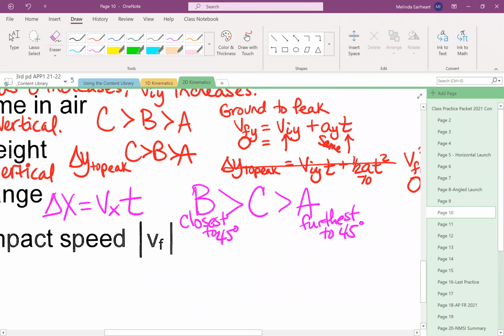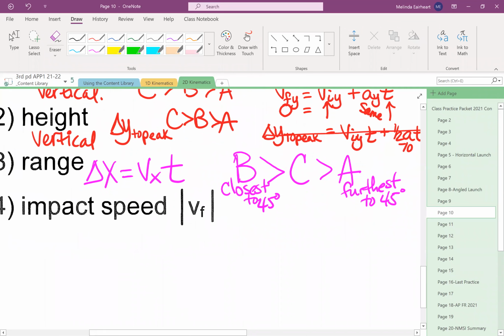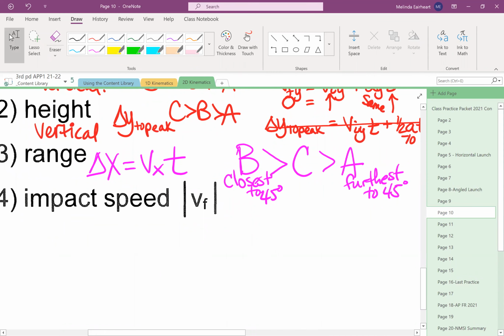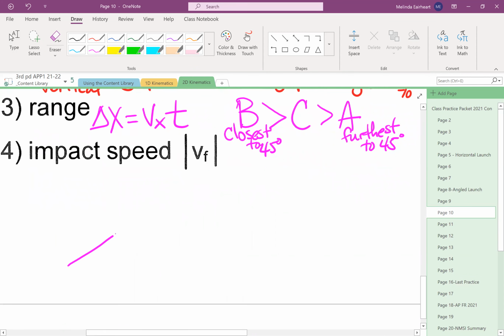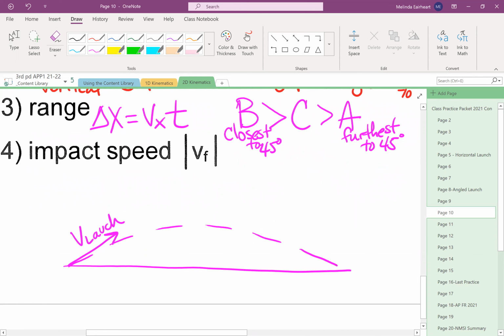Yes, leave your phone. Okay. All right, what about this last part? Impact speed. They're going to go up at some angle. We said that's the launch. Now we weren't given a picture here, but what should happen? It's going to come back and hit the ground and land at some impact velocity, impact speed, right?